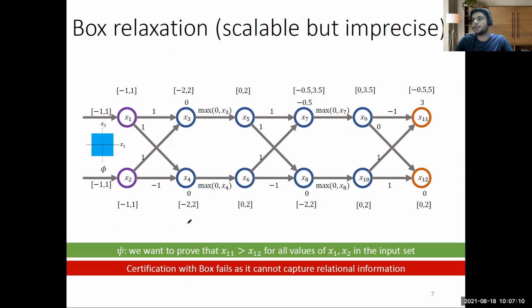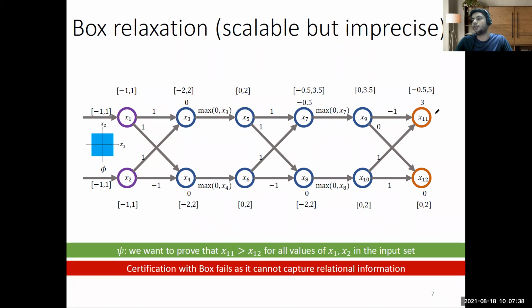Moving forward, we'll be coming back to a very simple neural network to understand deep poly. Just looking back at how the box relaxation and box transformation worked: we had some input, we had the bounds on each of the neurons, x1 and x2, and then we propagated the bounds, and we had some bounds on the outputs x11 and x12.